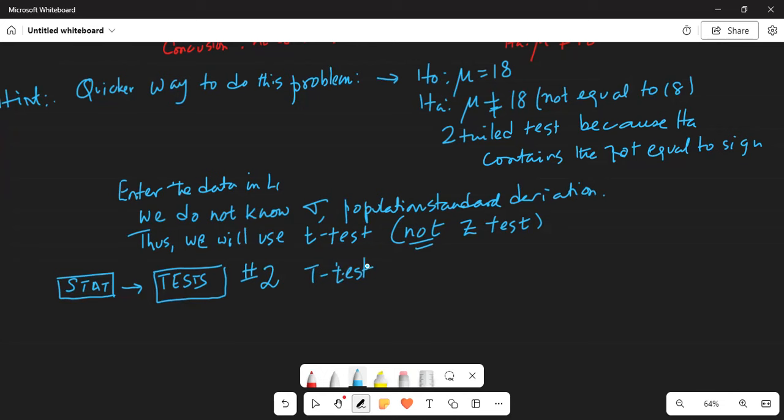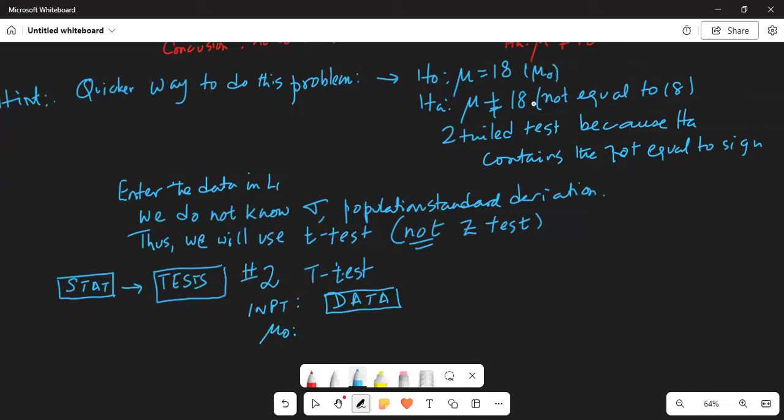Okay. First line, it says input. INPT stands for input. That cursor should be flashing on Data because we have entered the sample data in L1. Okay. Next line, it asks for mu0. Mu0 is the value in the null hypothesis.